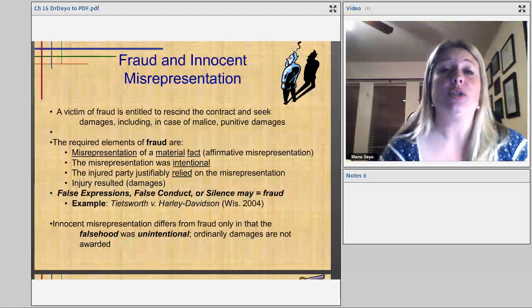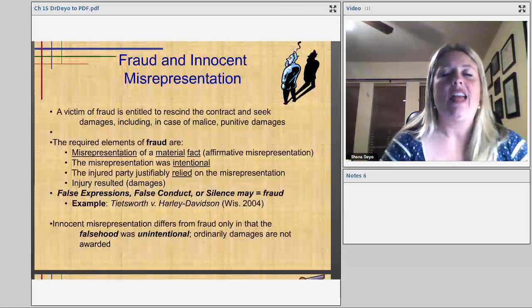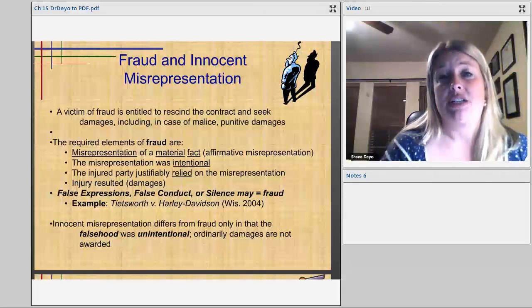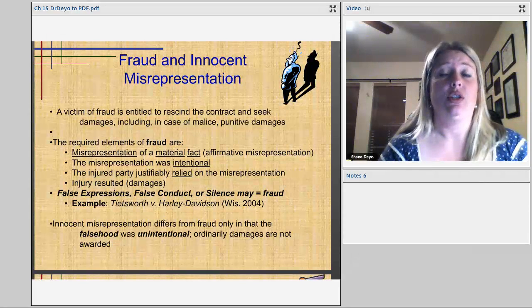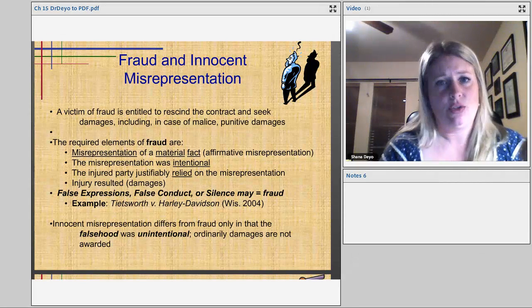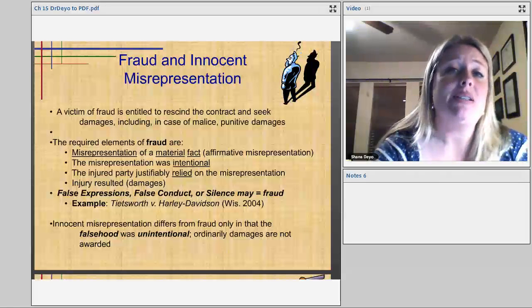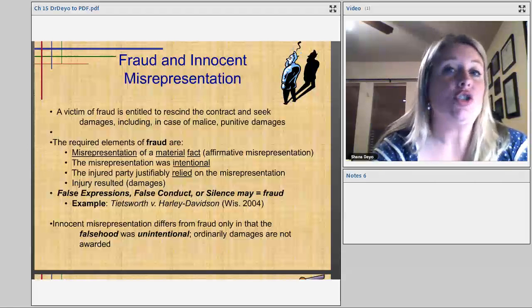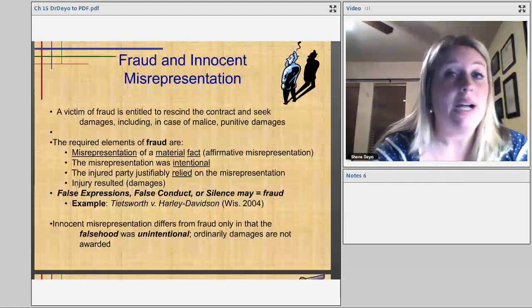So you have intentionally, although you've not said anything, the conduct is certainly there for there to be a misrepresentation, and you were silent. You should have said something, and you did not. So the fact that you did not speak when you should have, because someone was going to rely on this intentional misrepresentation, that is just as bad as if you lied about something.